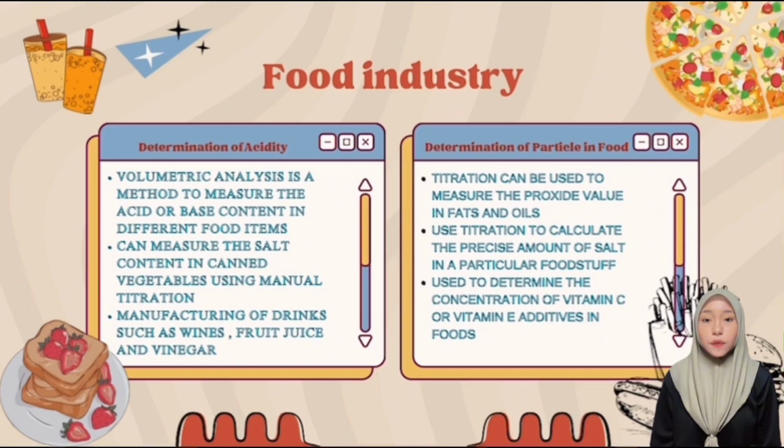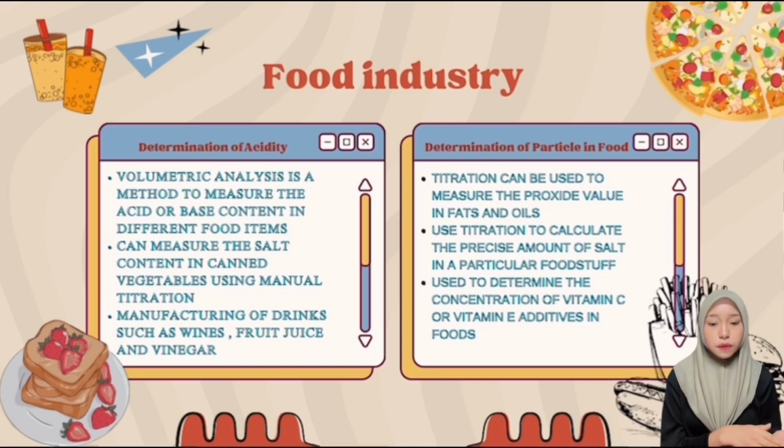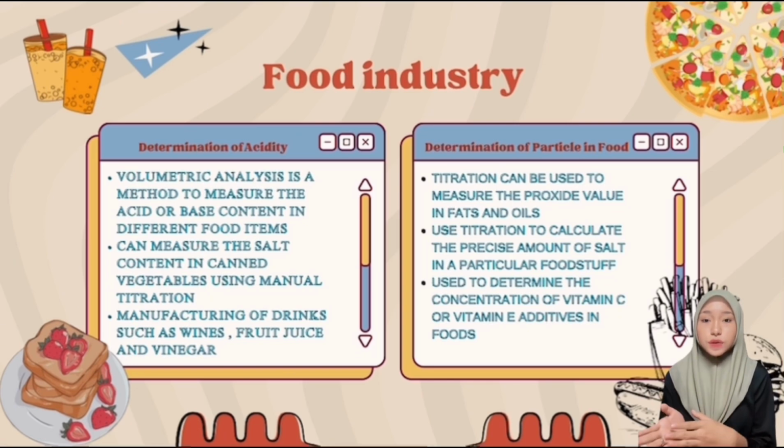For determination of particles in food, titration can be used to measure the peroxide value in fats or oil. Titration is used to calculate the precise amount of salt in a particular foodstuff, and it is also used to determine the concentration of vitamin C and vitamin E additives in foods.